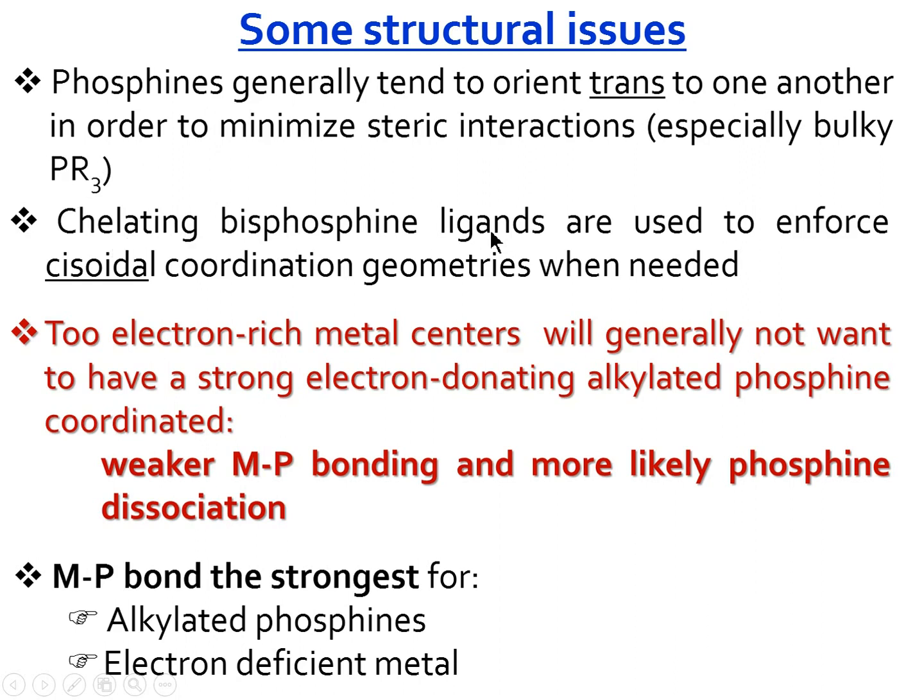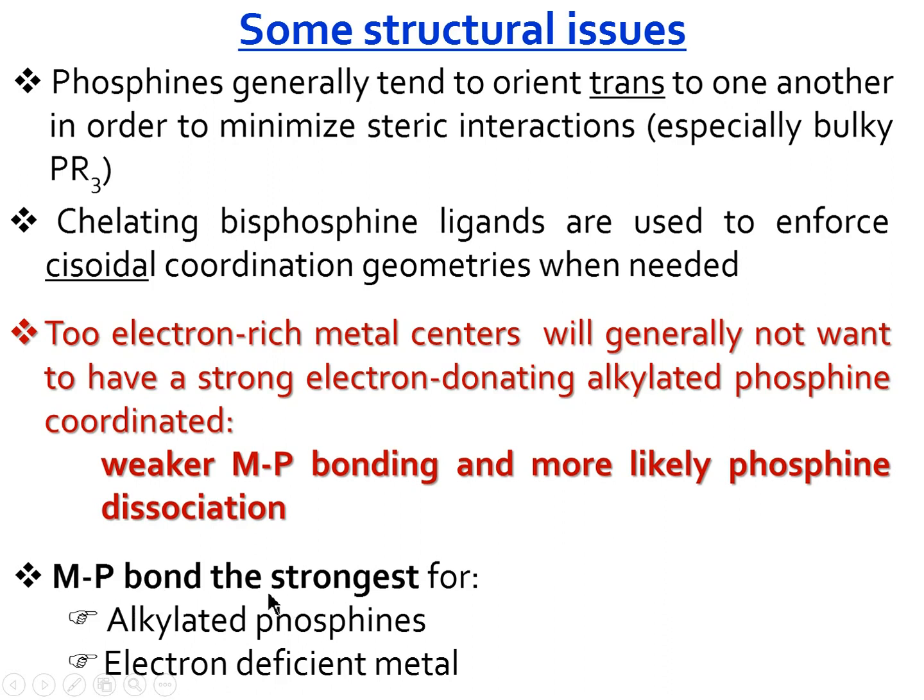Chelating biphosphines prefer the cis geometries. Two electron-rich metals will generally not want to have a strong electron donor alkylated phosphine, so it will lead to a weaker M-P bond and more likely phosphine dissociation.